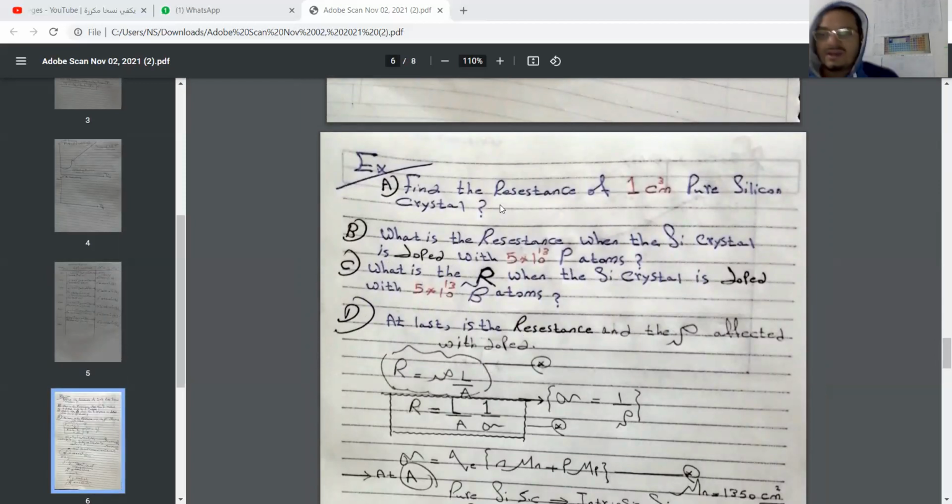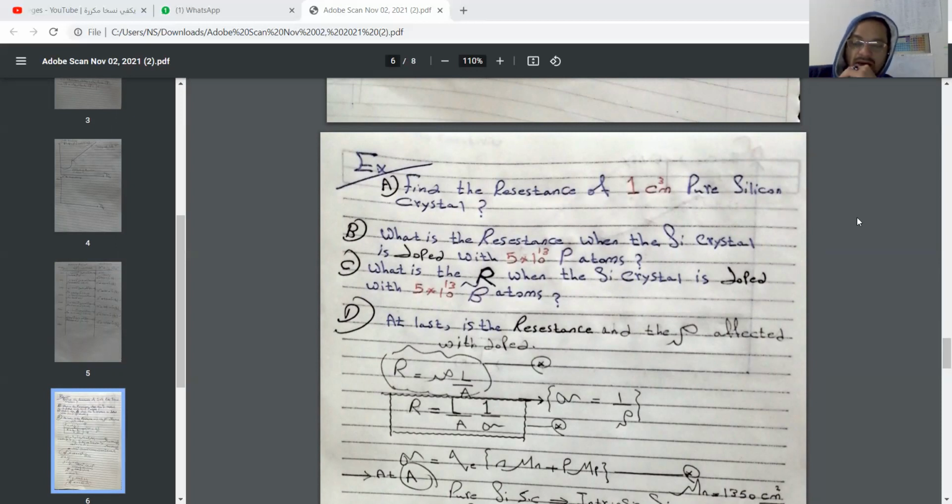Here we have an example, and we will use it to explain whether the result will change, whether the trend will be different, if we calculate this resistance, this conductivity, this resistivity by using pure silicon, and then doped silicon, doped by boron or phosphorus. Will all these three results change or will they be the same?